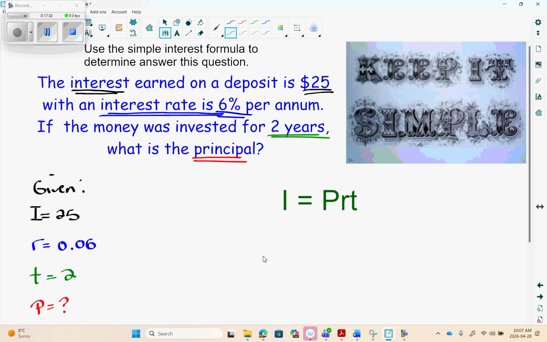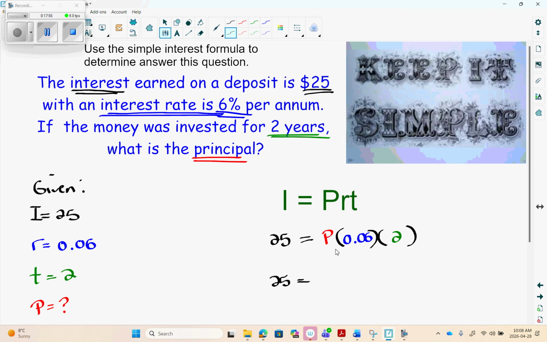So when I fill this in, the 25 goes here, my equal sign. I'm looking for the principal. I don't know what that is. I know that R is 0.06, not 0.6. That would be 60%. And I know that T is 2.